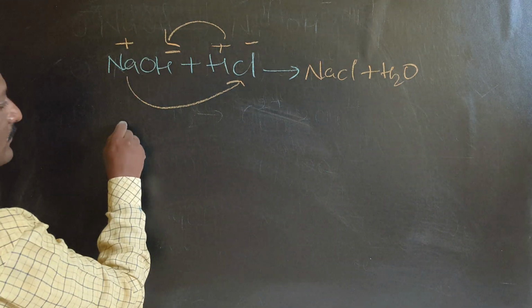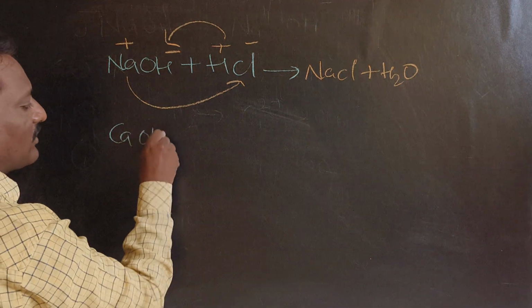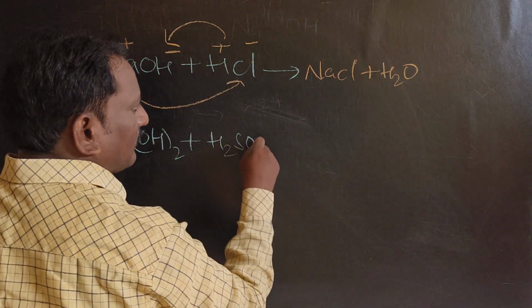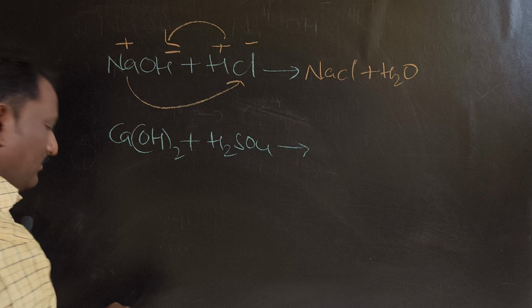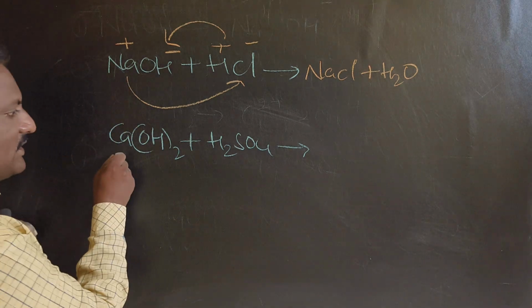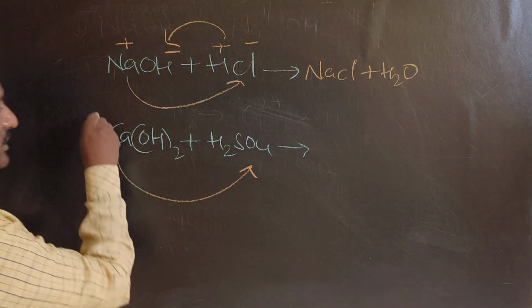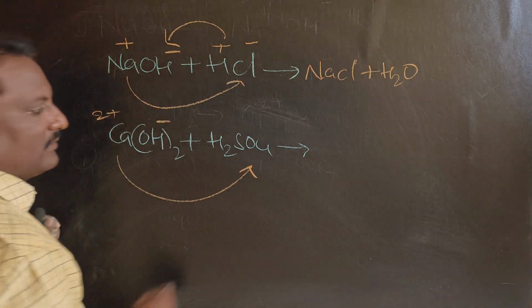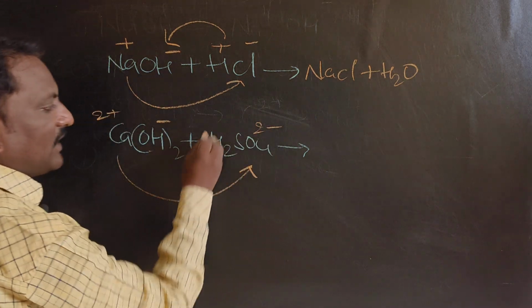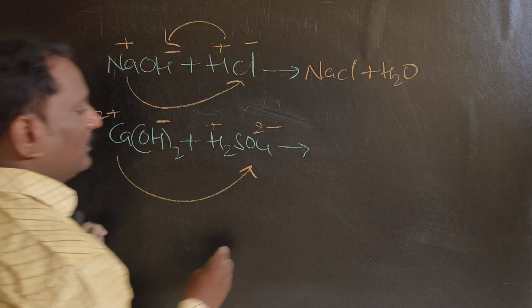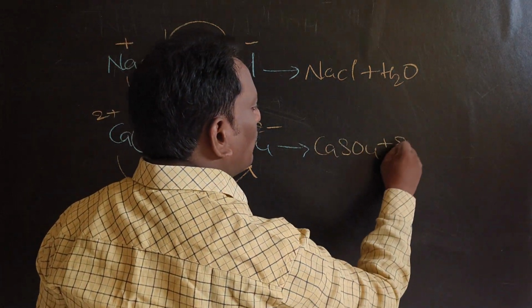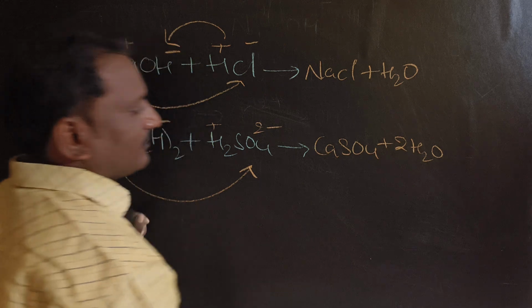Next one, calcium hydroxide with sulfuric acid. Calcium Ca2 plus ion and 2 OH minus ions are here, and SO4 2 minus and 2 H plus ions are here. Then you will get calcium sulfate along with 2 molecules of water.